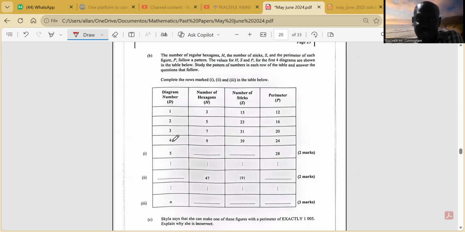So notice that you have N. Always keep an eye on your N, right? And the increasing. So what did this increase by, people? By 2, sir. So we could put N plus 2.